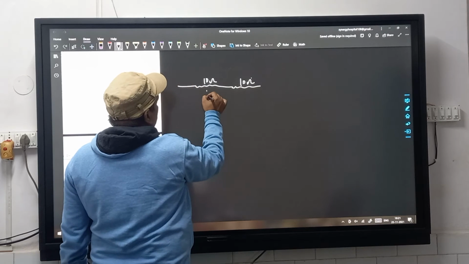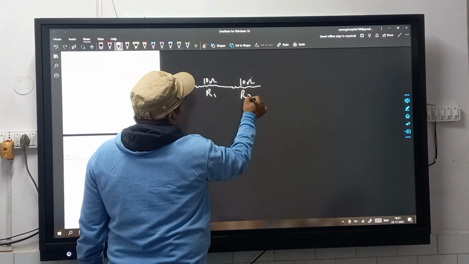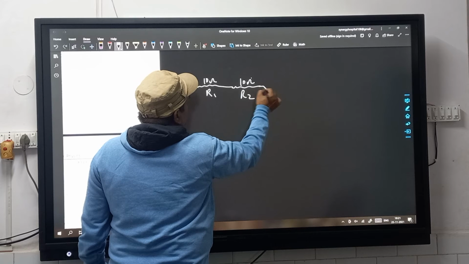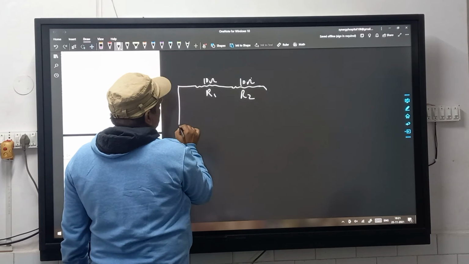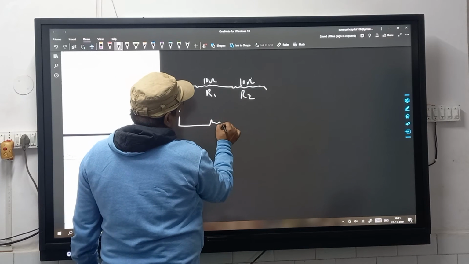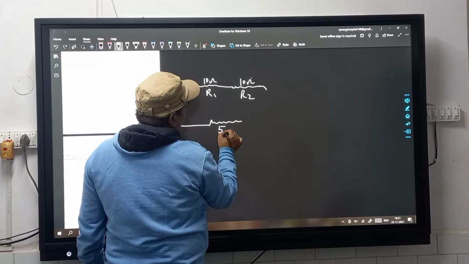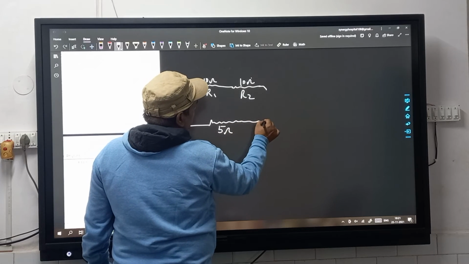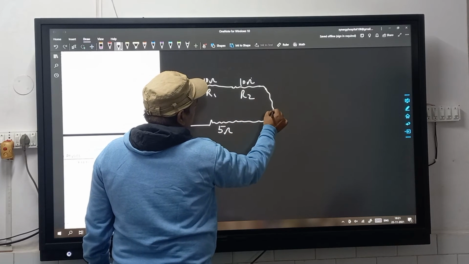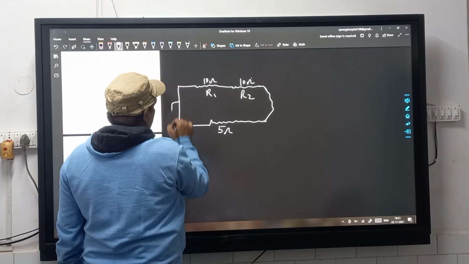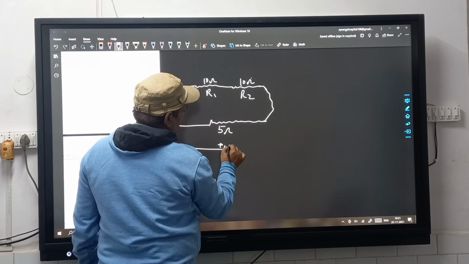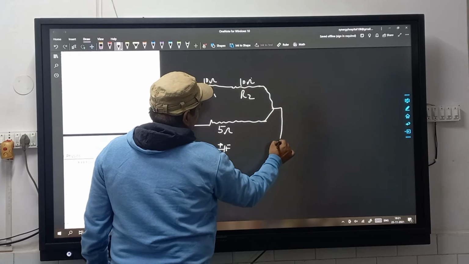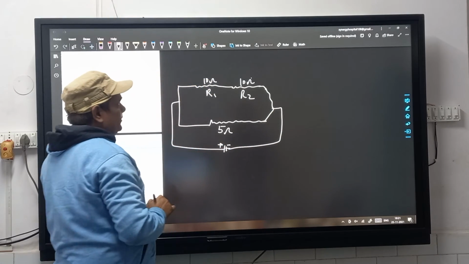This is R1 and this is R2, and in parallel with them a 5 ohm is connected, and both the ends are connected with the cell's positive and negative terminals.